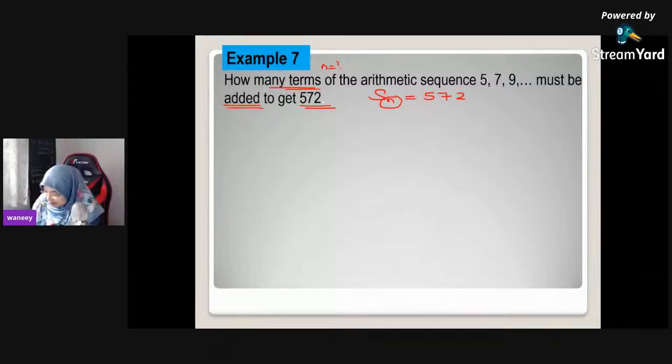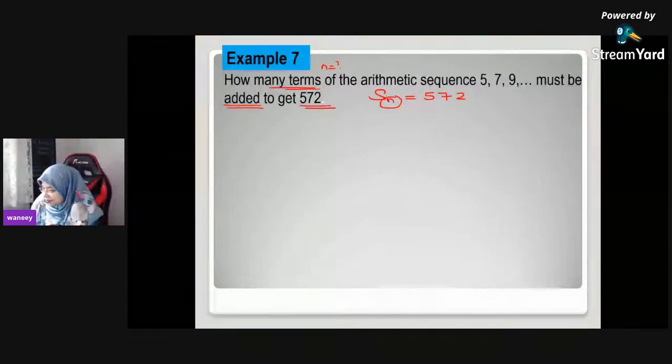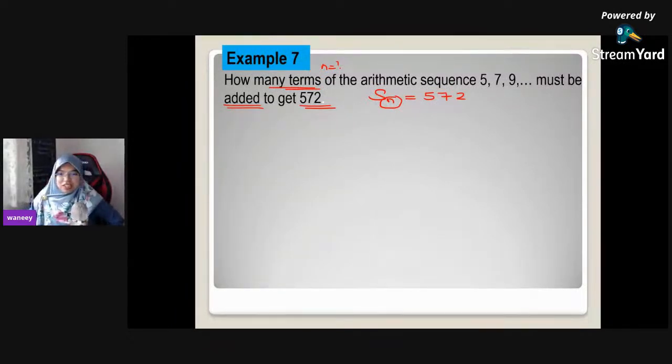Baguslah confident. Sat-sat kita tunggu orang lain juga. Wah, ramai dah tu bagi 22. Mohonlah kita kira. Betul ke 22? Oh, salah sana.